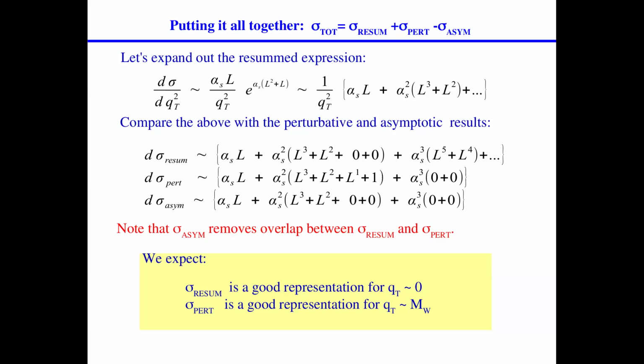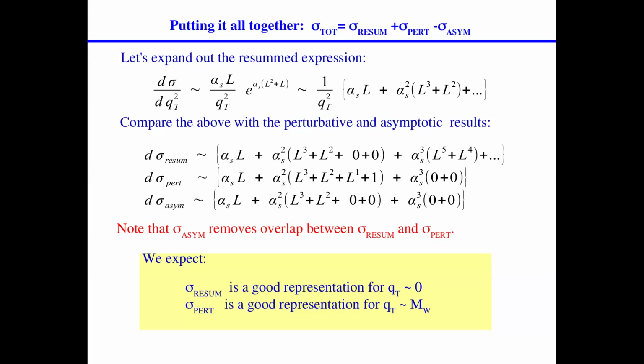And here it is expanding out order by order. It picks up this term. I pick up 2 logs at this order, 2 logs at this order, et cetera, et cetera. And then the perturbative calculation gets the Born part, and then it picks up all the logs at this order, but it doesn't do the next leading order.